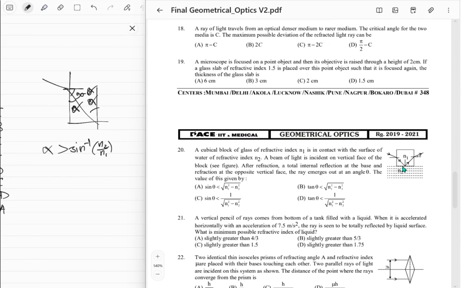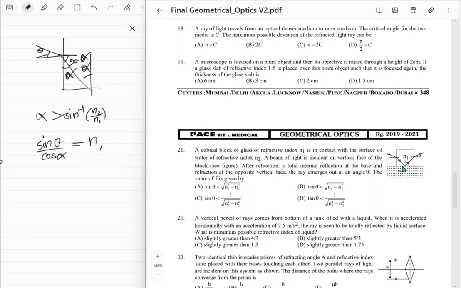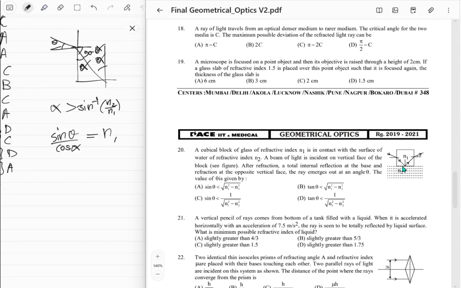Okay, that's nice. And what is this angle going to be? That's our theta, right? So sine theta upon sine of the angle is equal to n1, so sine theta is n1 cosine alpha. Now alpha is more than sine inverse of this thing, so cosine of alpha is less than the corresponding cosine.